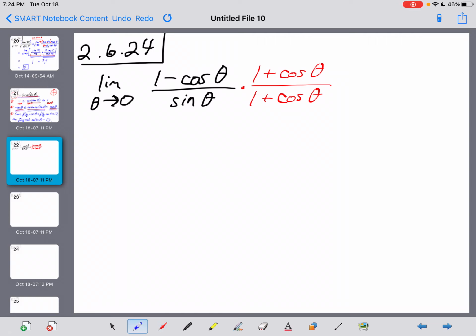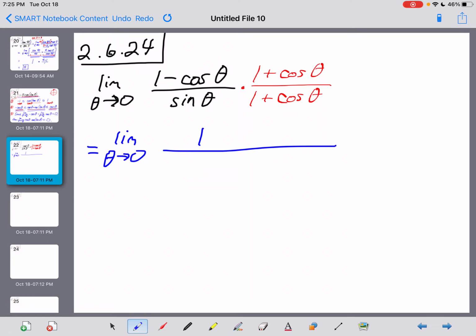So what have we accomplished here? That now equals the limit as theta approaches 0 of, well, up in the numerator, 1 minus cosine of theta times 1 plus cosine of theta. Multiplying two conjugate binomials gets you a difference of squares. The 1 times 1 is 1. The outer and the inner products are going to cancel each other out.